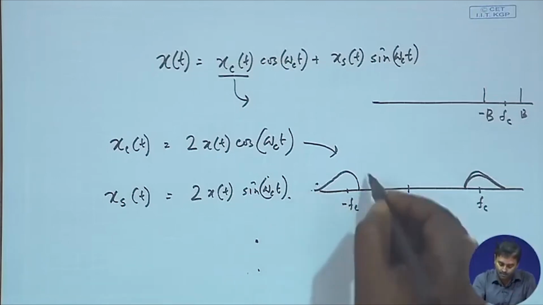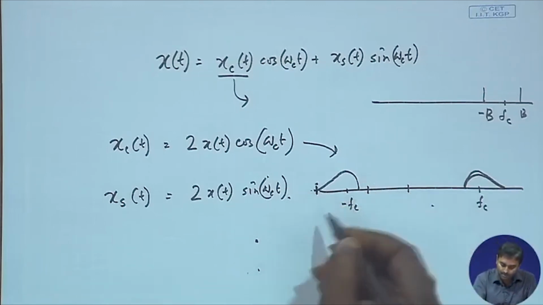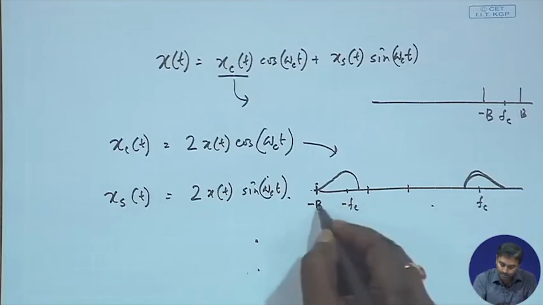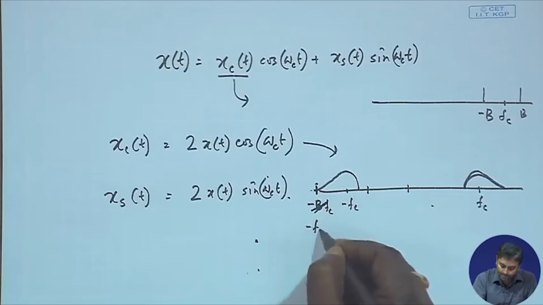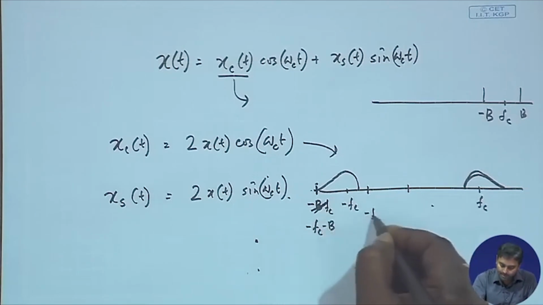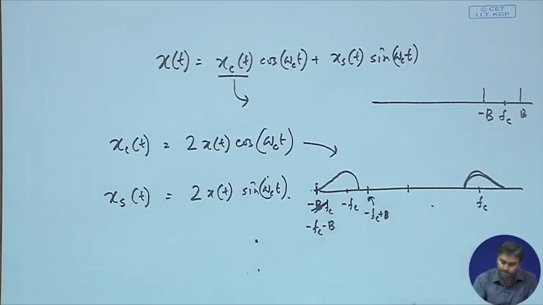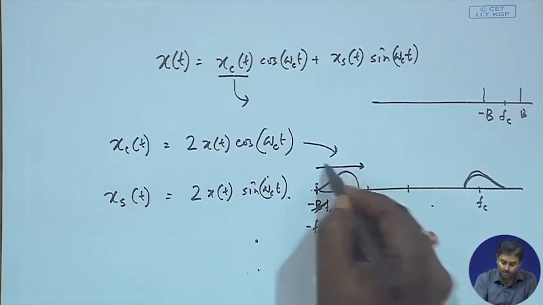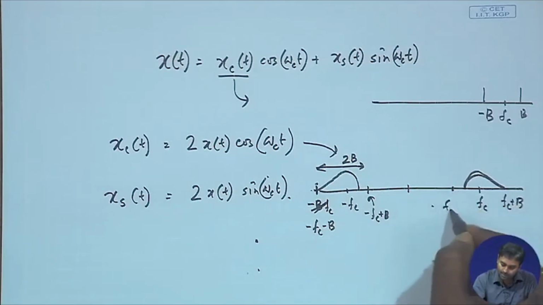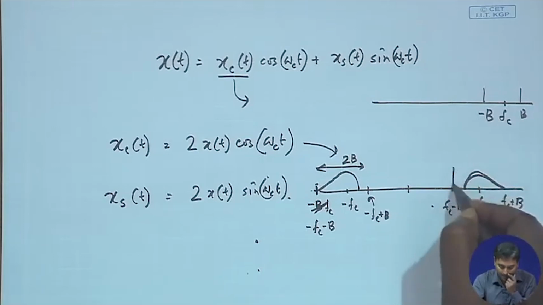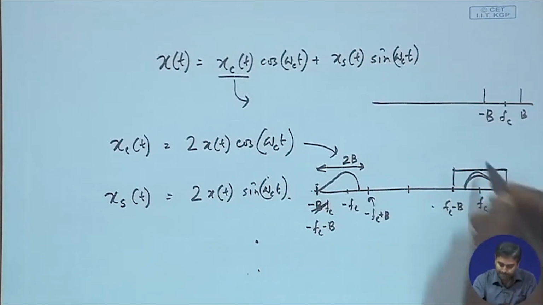So, let us say this is minus f c minus b, and this is minus f c plus b, that point. Okay. So, this is actually my 2 b. Similarly, this is f c plus b and this is f c minus b. This is my 2 b.